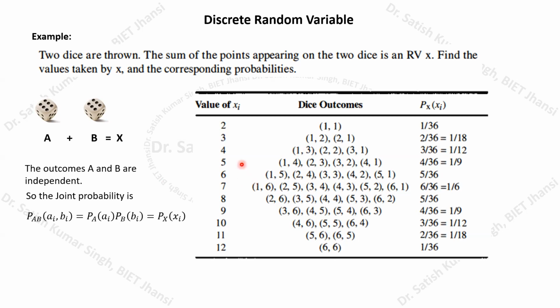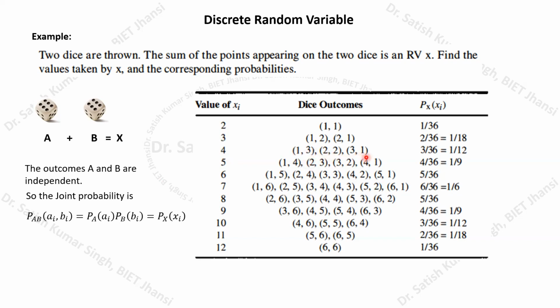Similarly, you can follow all the other outputs. For example, the value of the random variable x can be 4. There are different combinations possible that lead to the summation of a and b equal to 4. It can be 1 comma 3, 2 comma 2, or 3 comma 1.